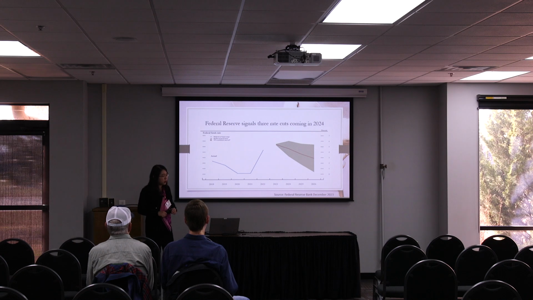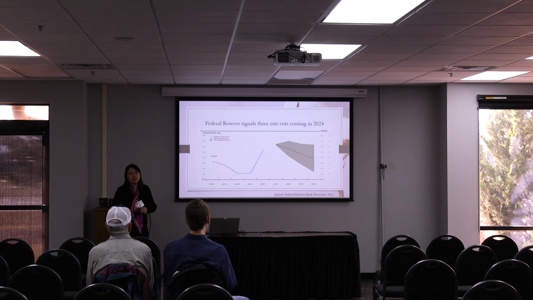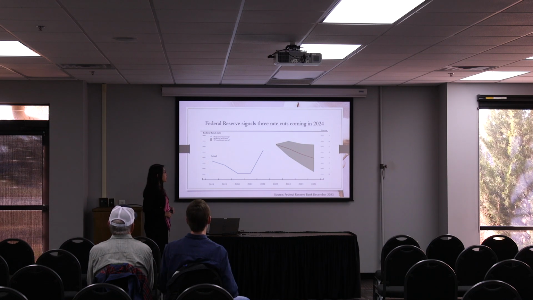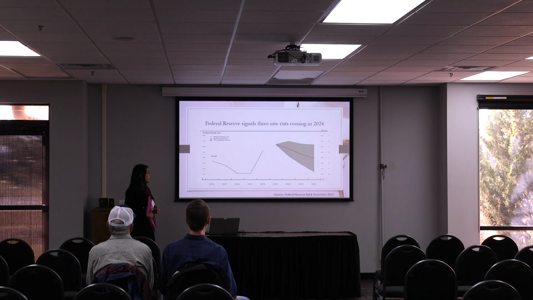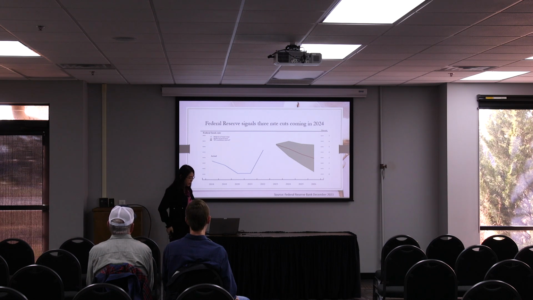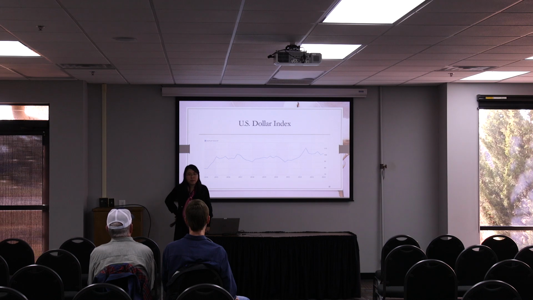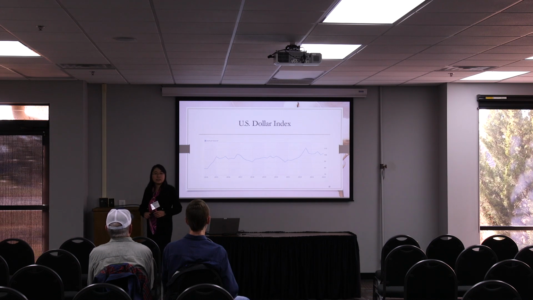Before the December inflation data was released, the Fed signaled 3 rate cuts coming in 2024, but late in 2024. But after the new data showed, there might be some delay in action on the decrease in interest rates. Another factor we need to consider is the U.S. dollar index.